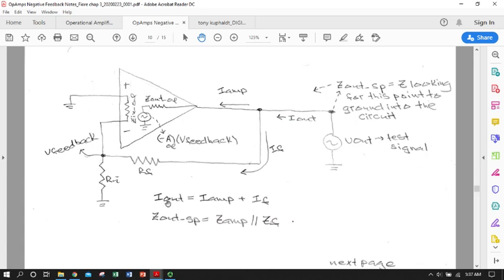So using Kirchhoff's current law, we can say that our I output, which is flowing from here, is the sum of the current that would enter the amplifier and go to ground that way, plus the current that would go around the amplifier through the feedback network. So we can express the impedance or resistance at this point as the parallel combination of whatever the impedance is on this path, in parallel with whatever the impedance is on this path. Okay.